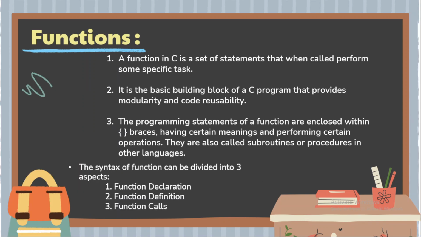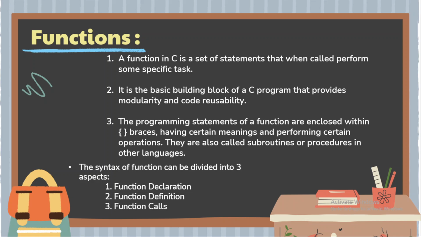Now, functions. A function is a set of statements in C programming that, when called, performs a specific task. It is the basic building block of a C program that provides modularity and code reusability, which means we can write code once and use it multiple times.